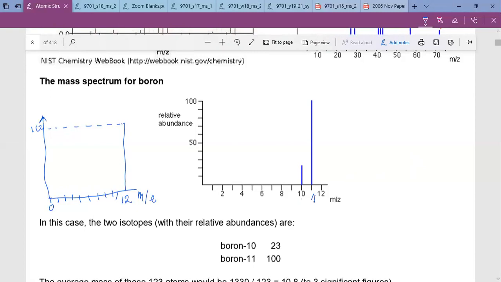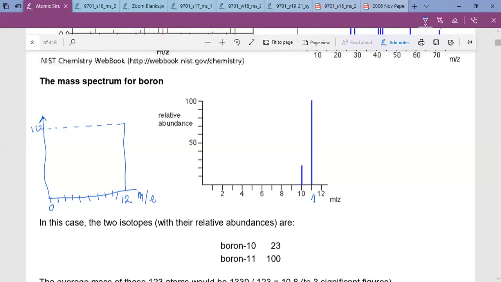So after the whole thing finished, for a certain mass, let's say they put 100. They found that 100 of them will have this mass of 11, and 23 of them are this one.